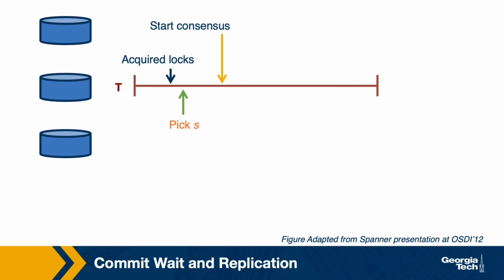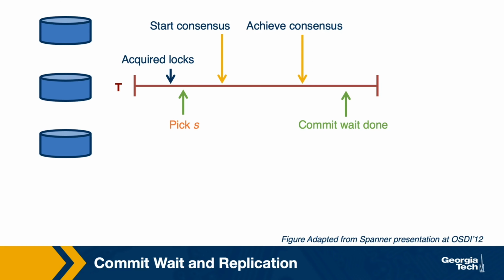So then the leader of the transaction will start the consensus algorithm, and that's going to take some time. And then we'll achieve the consensus, right? And so at that point, we reach a point where consensus is achieved. We could, at that point, complete the transaction.